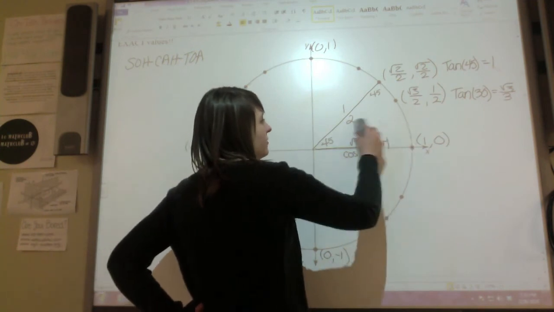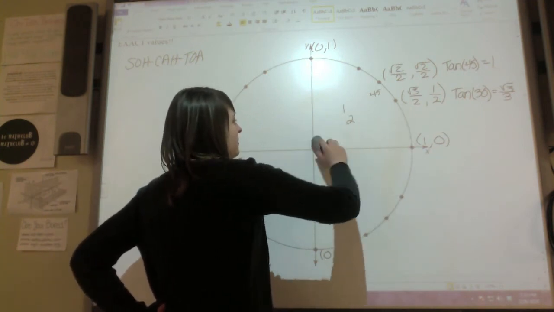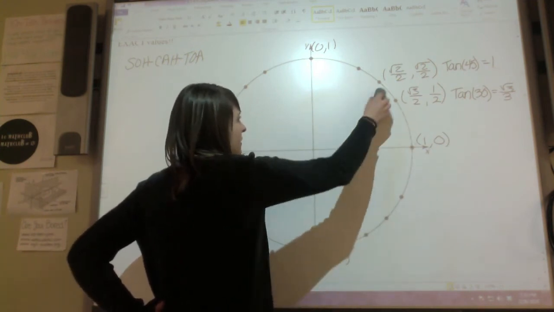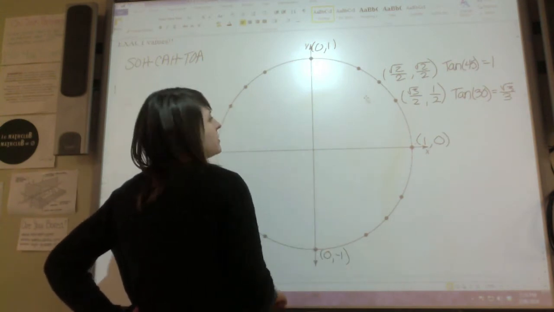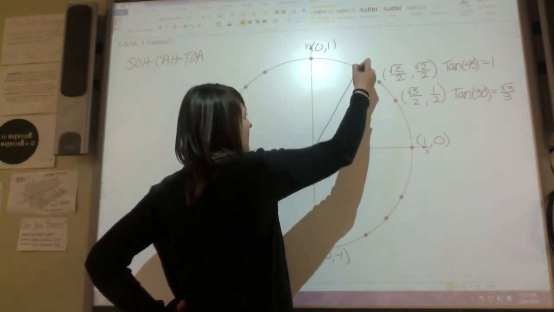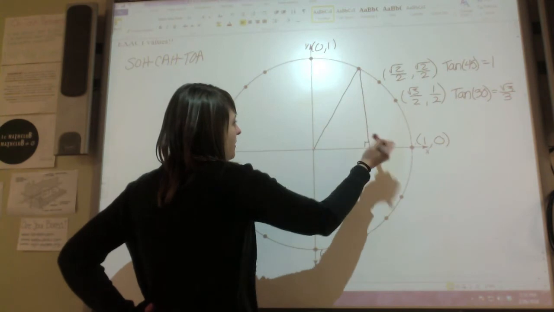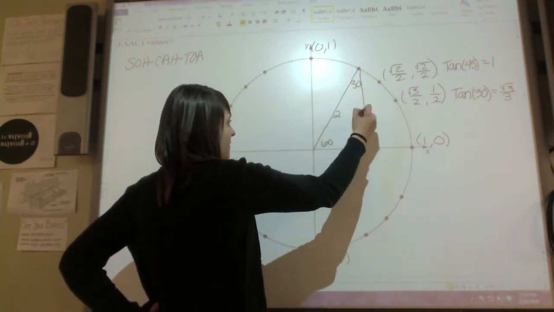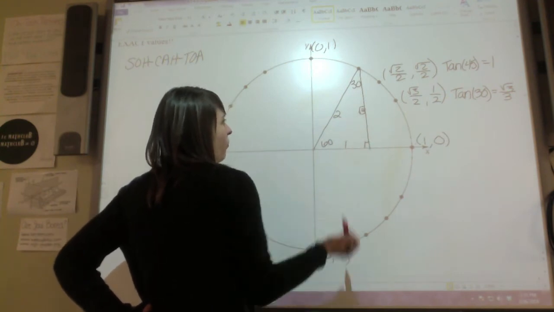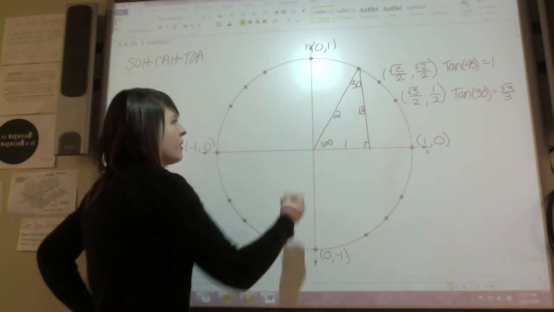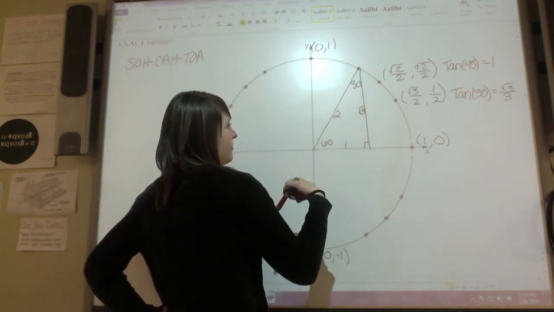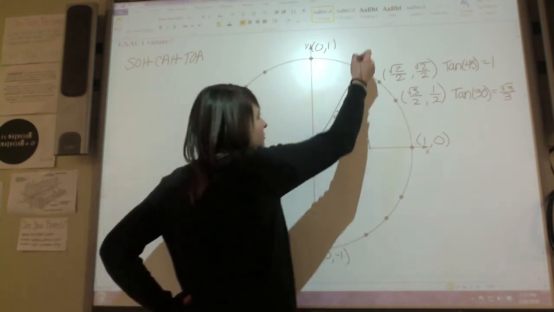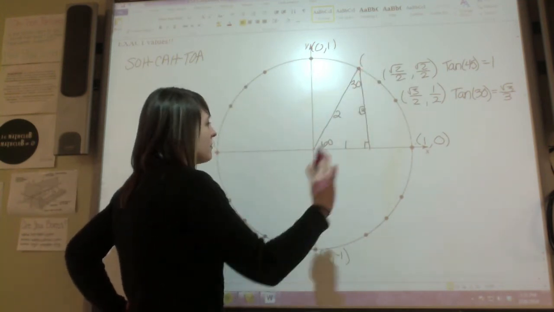Okay, now I'm going to go ahead and erase my picture again so that I don't make it super messy here. I'm going to keep my points. So the next one I'm going to do is my 60. When I draw that in, this is my 60 degree, this is my 30. So again, I've got 2, square root 3, and 1 for my triangle here. But remember that this actual length here is 1. For my point, I'm going to do my cosine comma my sine.